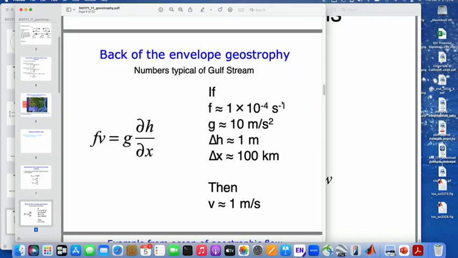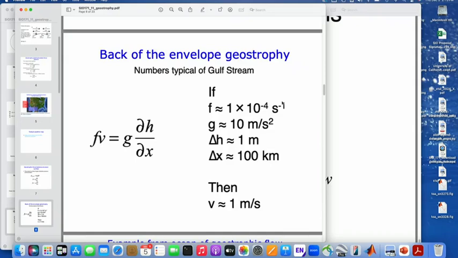So, if you know things like the latitude, and you certainly know g, if I tell you either delta H or delta X or V or any combination, you should be able to figure out the others. It's almost as if I tell you it's the Gulf Stream, I don't have to tell you anything else. And you should be able to do a calculation like this.